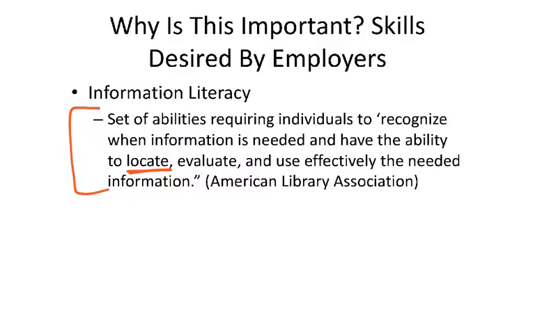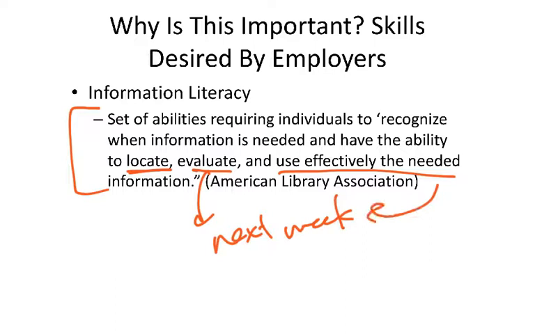So find the information that you need, find the papers that you need, evaluate it. So that'll tie in a little bit to next week when Dr. Crawford will talk about analyzing scientific literature. Today we're going to focus on reading it and then using that information. So again, that'll tie into next week, but we're laying the foundation for that here.